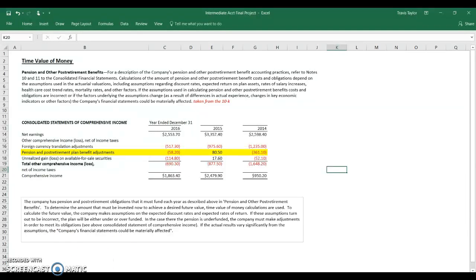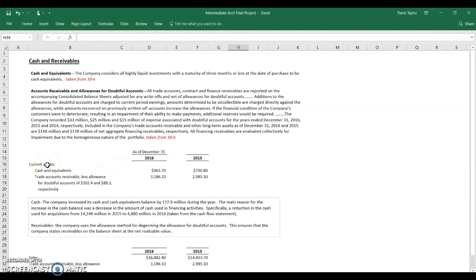materially affected. In terms of cash and receivables, the company increased its cash and cash equivalents by $172.9 million for the year. The main reason for the increase was the decrease in the amount of cash used in financing activities. In previous years, there were significant cash outlays for financing and acquisition, primarily the acquisition of businesses.